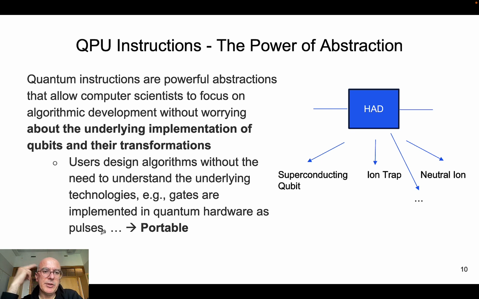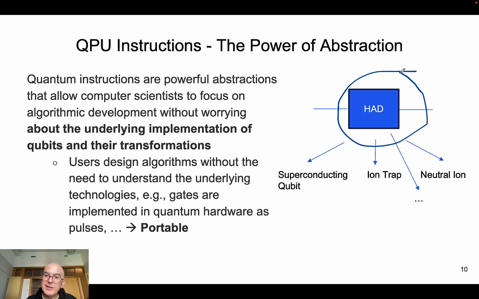Quantum instructions and quantum gates are a very powerful abstraction that allow us as computer scientists to focus only on the development of the algorithm without worrying about how the Hadamard gate or the qubit is actually implemented. We have the abstraction of the qubit, we have the abstraction of the Hadamard gate, and we know what the Hadamard gate transformation is, what we can expect.